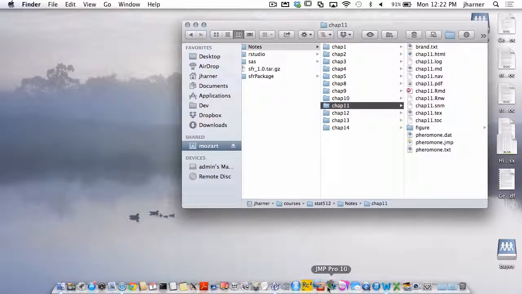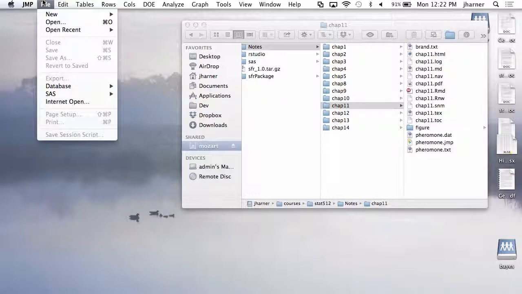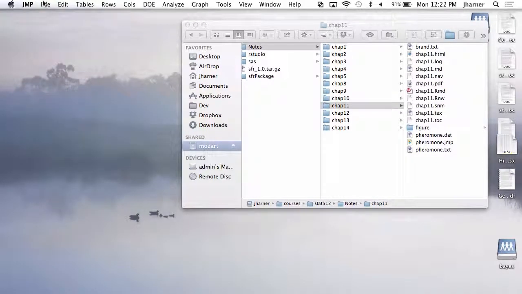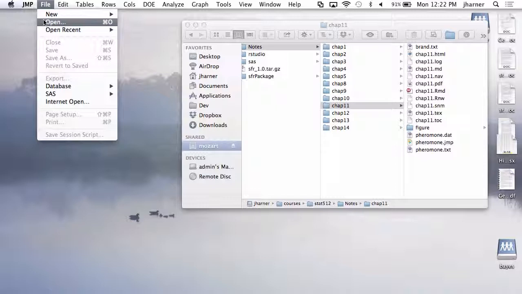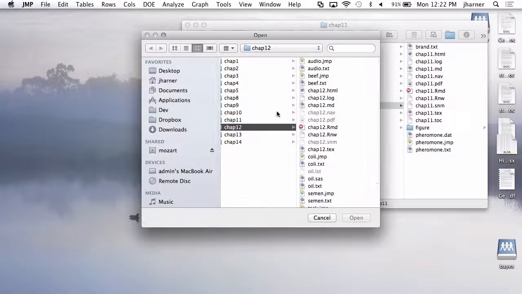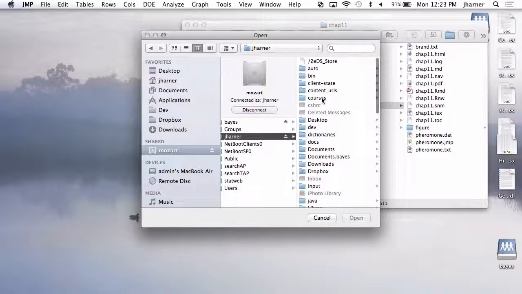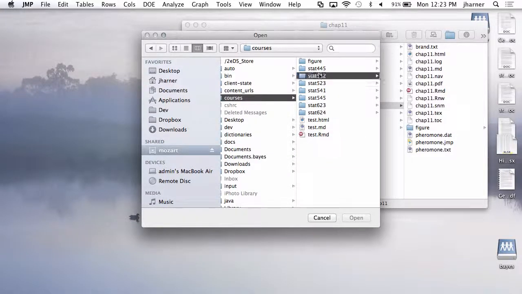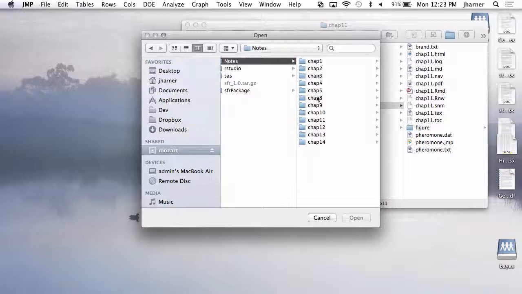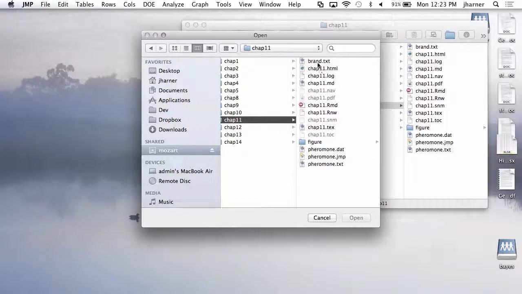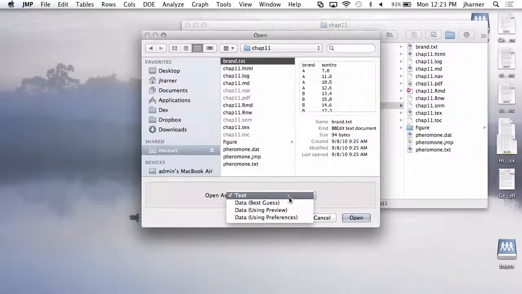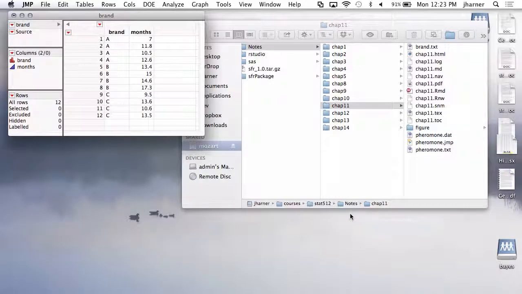So if I go into JMP, it's a little deep, sorry. Now usually when I'm opening, I'm going to say make its best guess, and usually it does a good job. So these are the brands and the months, and these are very simple.